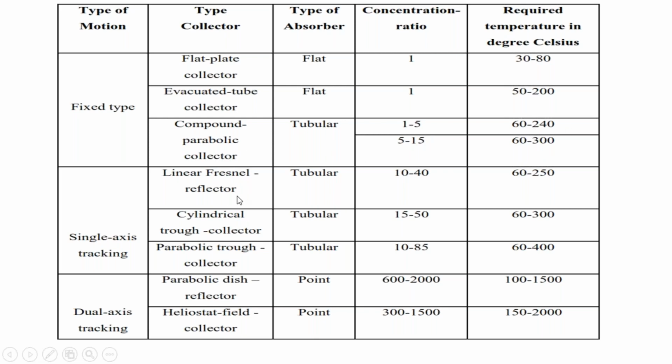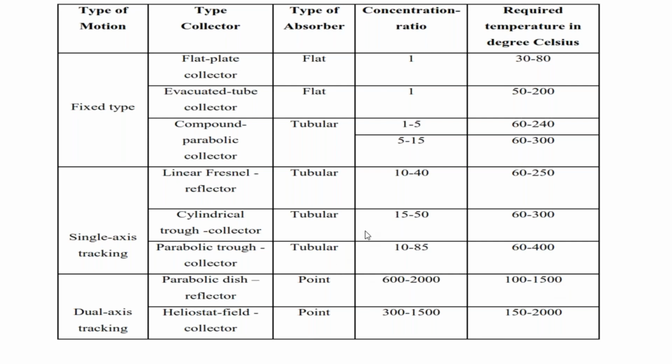As per our requirement, we can select this collector. Now again, we can see the heliostat field collector, which has a temperature range of 150 to 2000. Now again, the parabolic dish collector has a temperature of 100 to 1500.